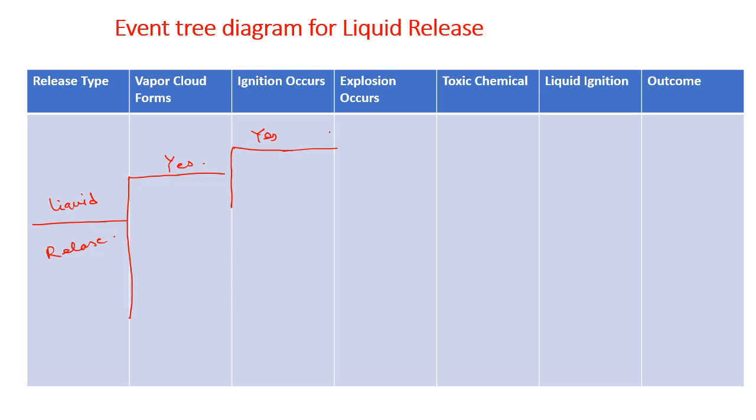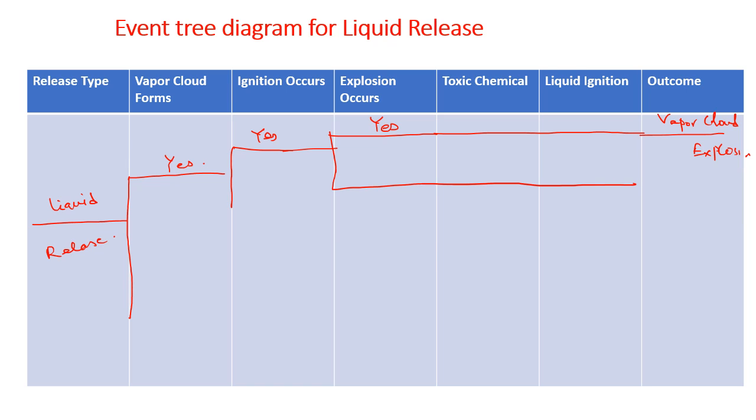And then if explosion also occurs, in that case it will directly go to the outcome, and the outcome is vapor cloud explosion, right? And if it is no, if there is no explosion but ignition occurs, then it is flash fire.